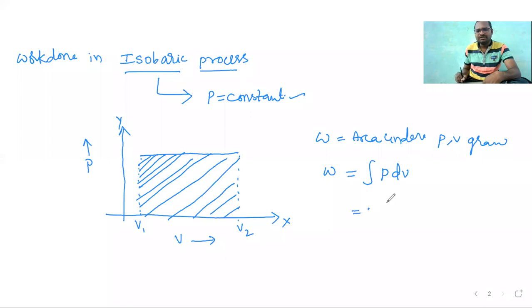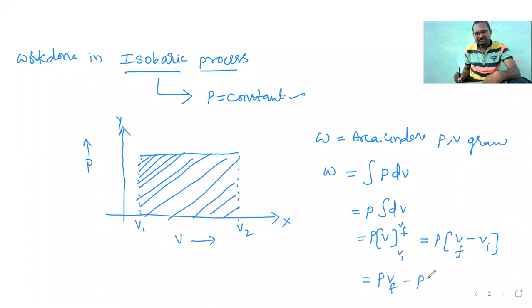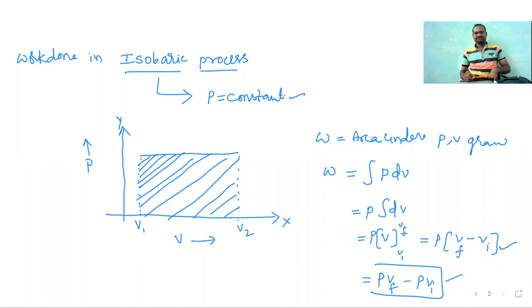That means pressure is constant, it is the external pressure P, and the integration of dV is nothing but V, with limits from V initial to V final. So it becomes P into V final minus V initial, which is PV final minus PV initial. This is the formula for finding the work done in isobaric process.